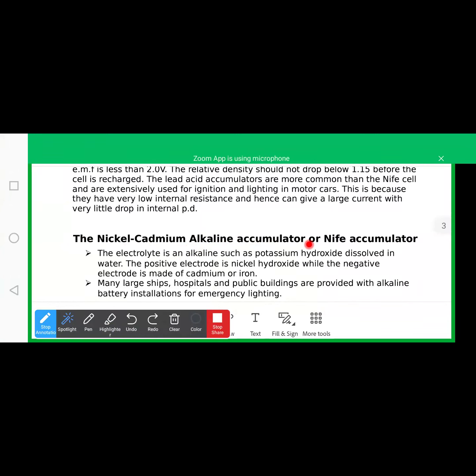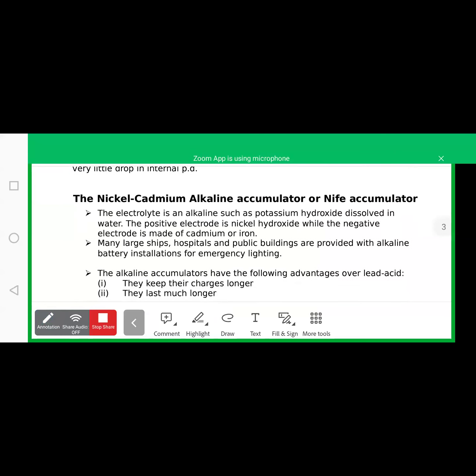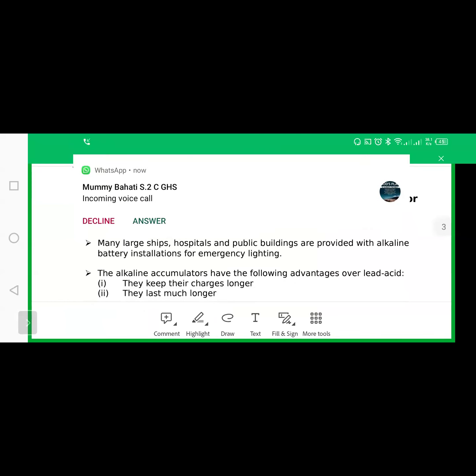The anode is nickel hydroxide and the cathode is iron. In both cases, the electrolyte is potassium hydroxide, which dissolves in water. Yeah, I think that's what I know.